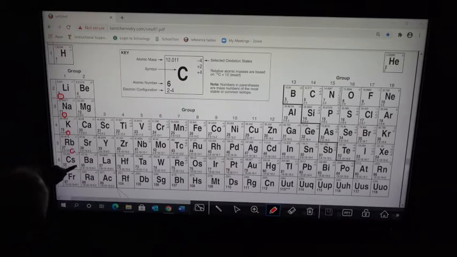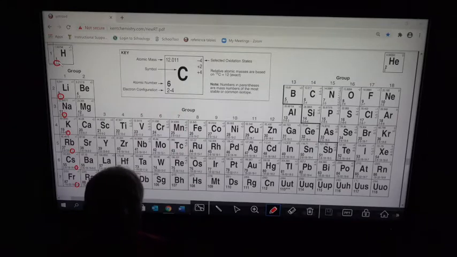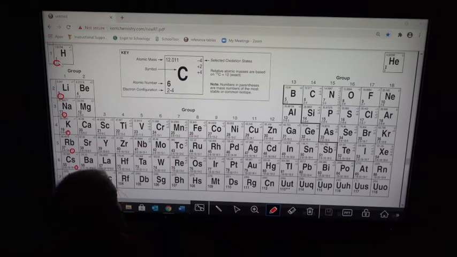Every single one of them. Even hydrogen. So the big deal is this: if you have the same number of valence electrons in the outside shell, you're in the same group or family. So this is group 1 because they all have one in the outside shell.